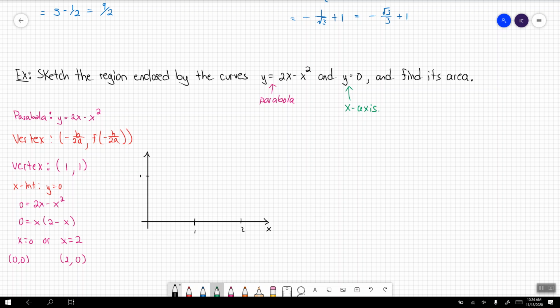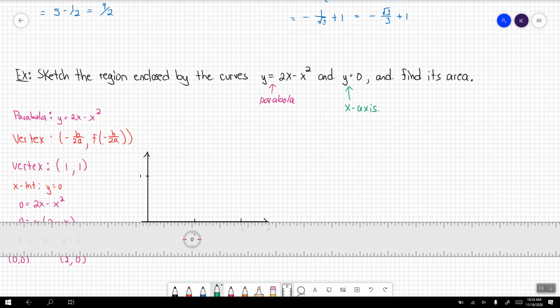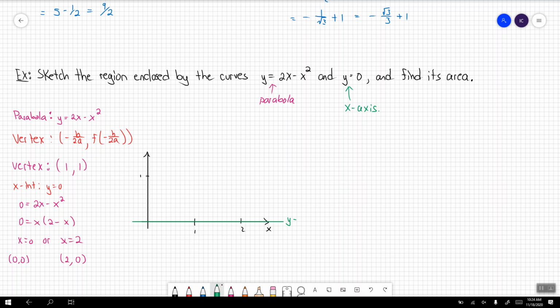I know that I have my x-axis here, which is y is equal to 0. And now I need my parabola. We know that the vertex was at 1, 1, that's what we found. And then the intercepts were at 0, 0, and at 2, 0. Which means this parabola looks like this.